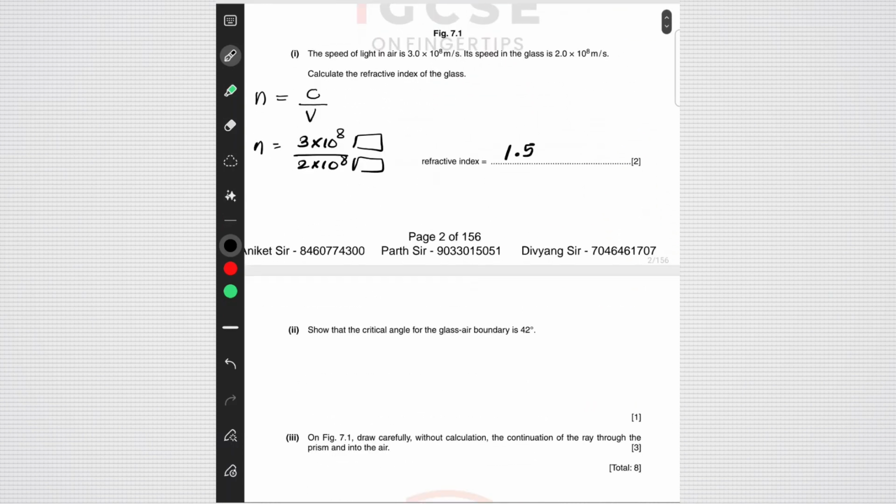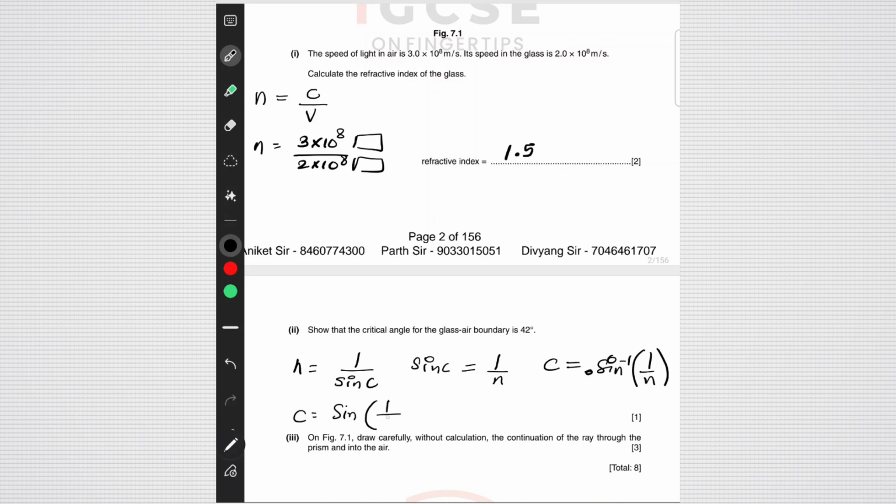Then show that the critical angle of glass air boundary is 42. We also know that n is equal to 1 by sine c. So I can write sine c is equal to 1 by n, and therefore c is equal to sine inverse of 1 by n, so c is equal to sine inverse of 1 upon 1.5.